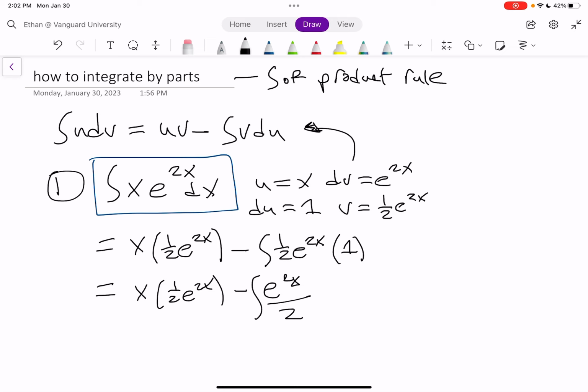And we can actually solve this the same way. Over here, when we u-subbed for e to the 2x, we got 1/2 e to the 2x. So let me rewrite this to make it a little bit like last time.